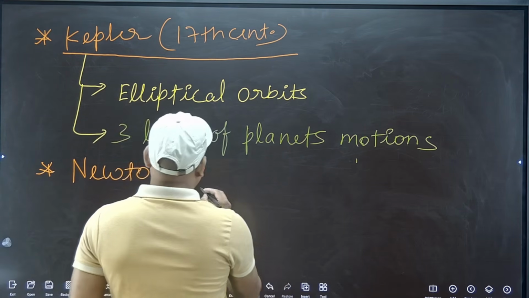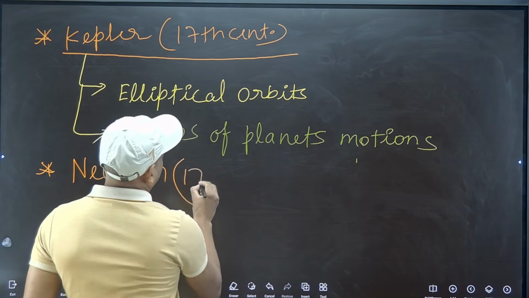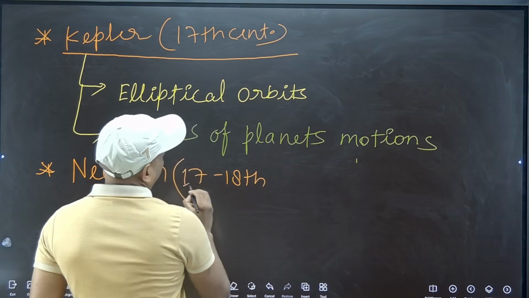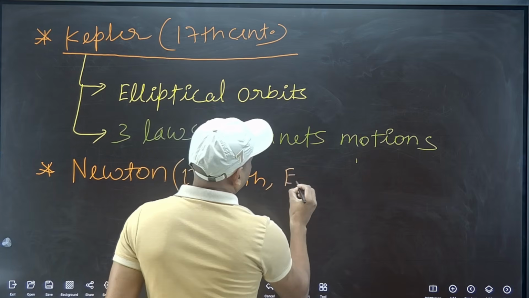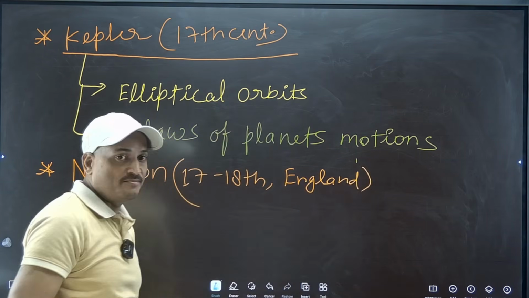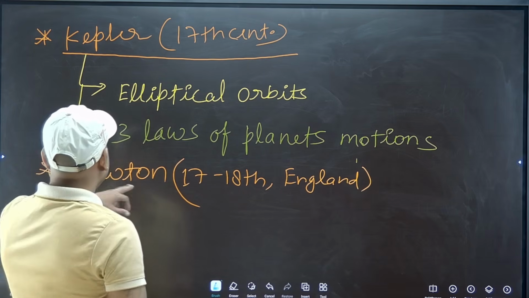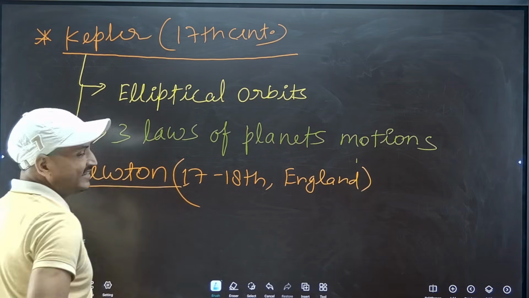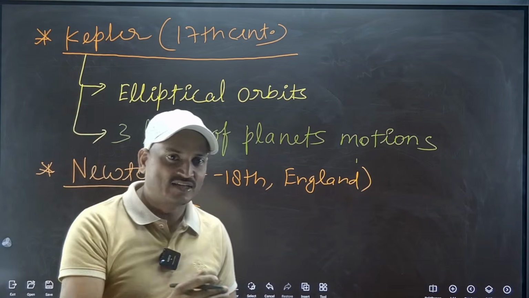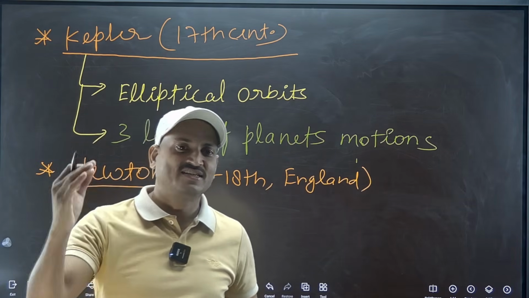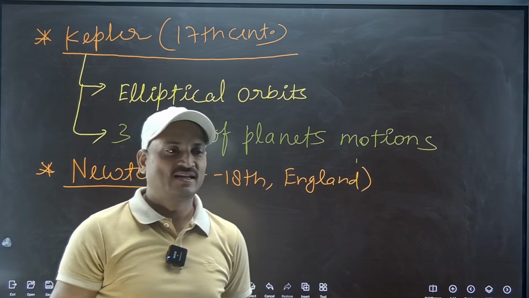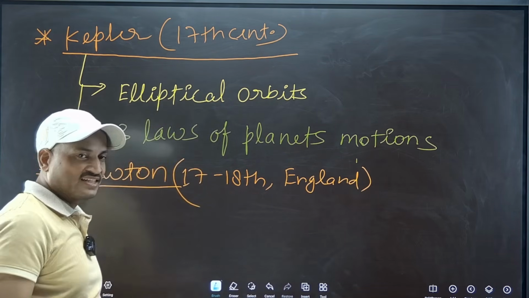Newton belonged to the 17th, 18th century. He belonged to England. He was a scholar of Cambridge University. And because everybody was talking about the revolution of the planets around the sun, or the revolution of the planets around the earth, or the celestial objects, Newton just came out very strong.